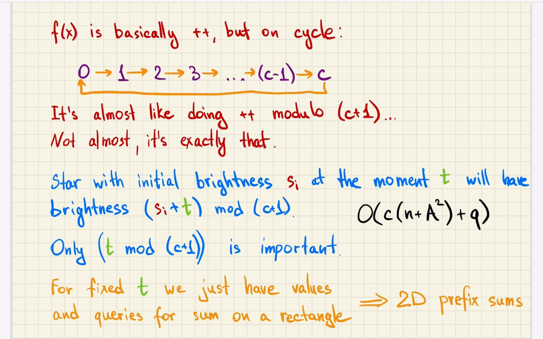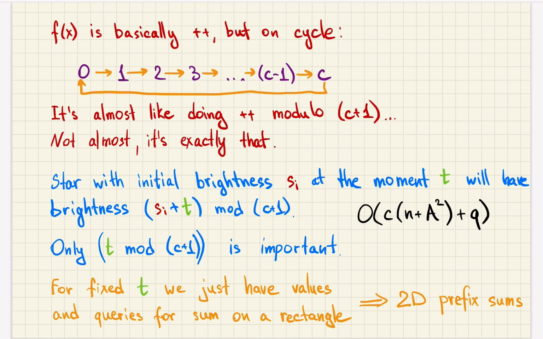So if we do it t times, which is how we would calculate the brightness at time t, we should just increment the initial value t times, but modulo c plus 1. So it will be c_i plus t modulo c plus 1. But then we know that to calculate that, we can first take t modulo c plus 1 and then sum them up and take modulo c plus 1.